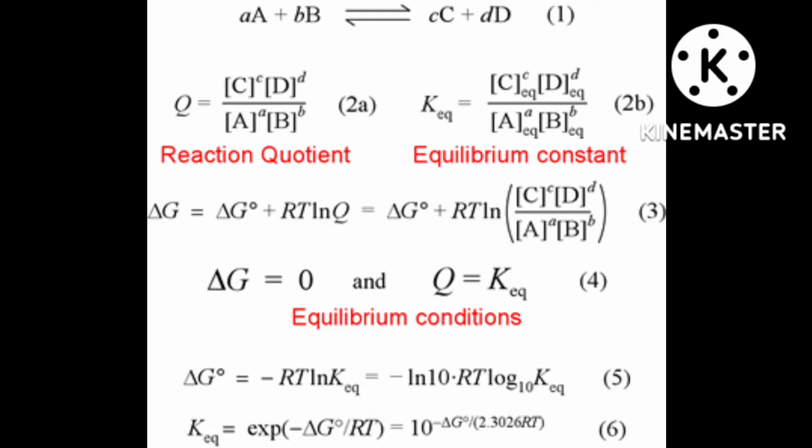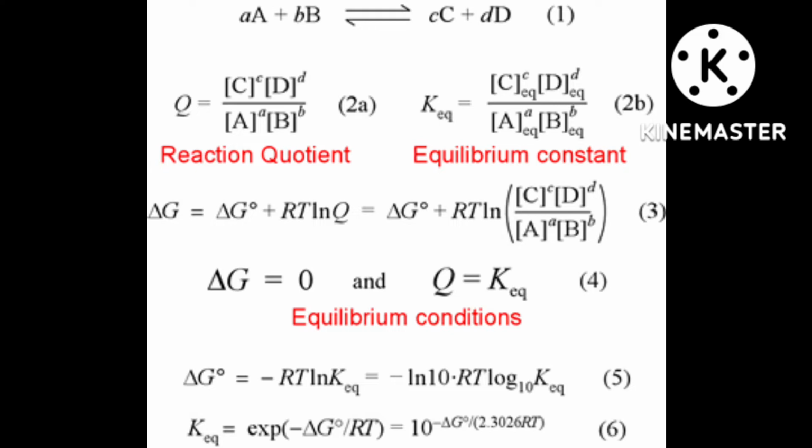Delta G at any temperature, maybe 10 degrees: what is the value of free energy at 10, 15, 20, 50, or 60 degrees, at any temperature? That is called delta G. But if you use standard delta G, you are talking about standard conditions of temperature and pressure. The standard temperature, as I already told you, is 273 Kelvin.